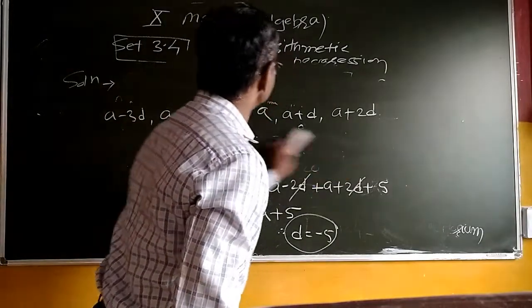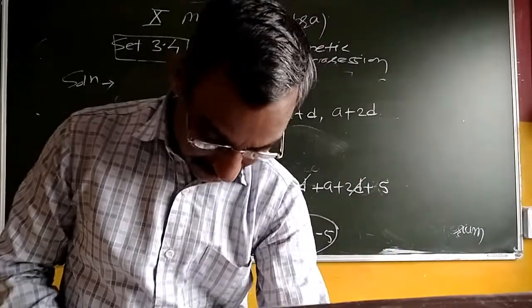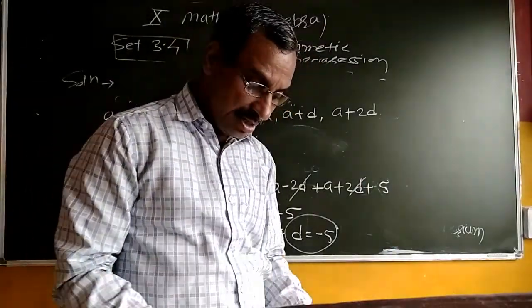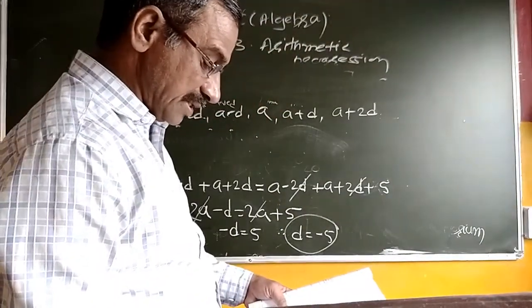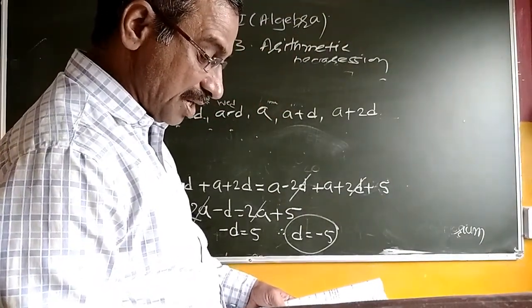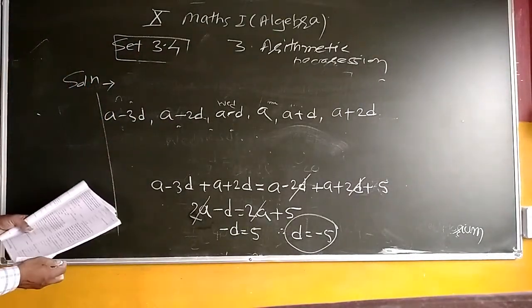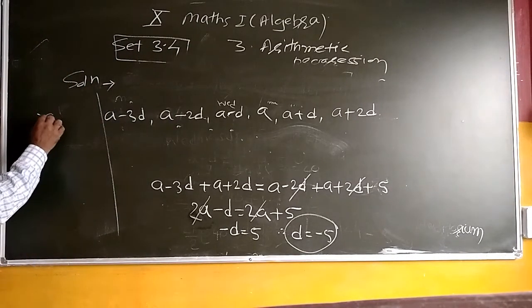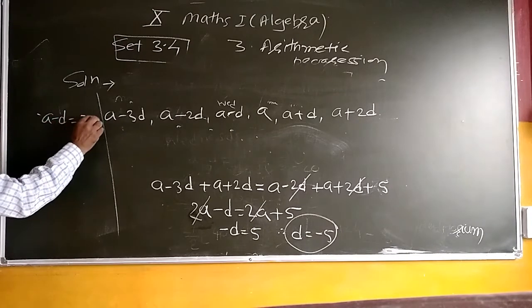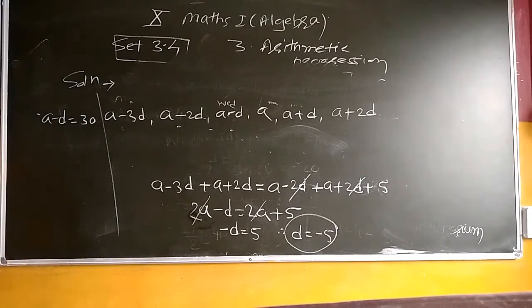From that we calculate the value of A from equation number 1. We know equation number 1 is A minus D equal to minus 30.